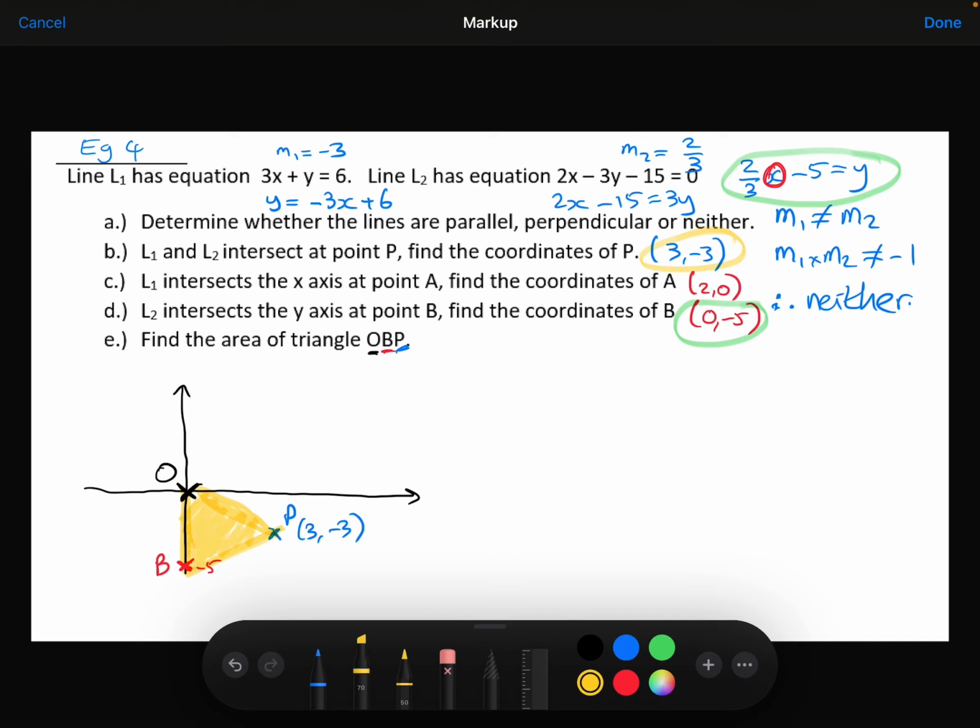And we know how to work out the area of a triangle. If we can, we're going to do half base times perpendicular height. If we can't do that, we could do half AB sine C. But in this case, we can do half the base times the perpendicular height, because the base of this triangle here, I know that that is just 5.